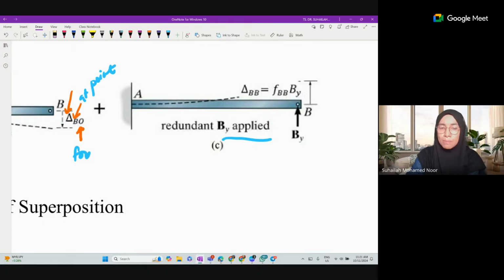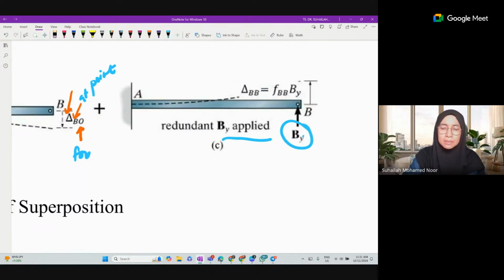Again, we mark the deflection at the redundant position. If we use BY, it is delta BB. The notation used has meaning.